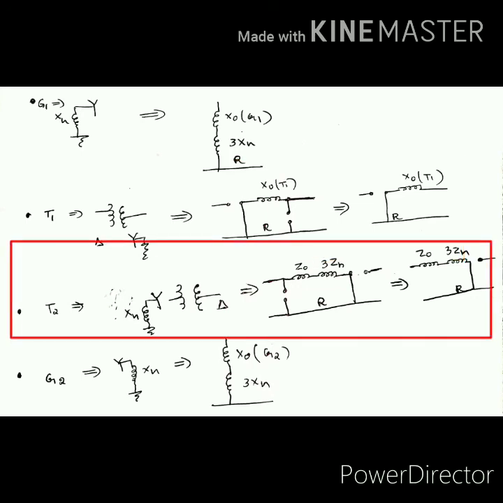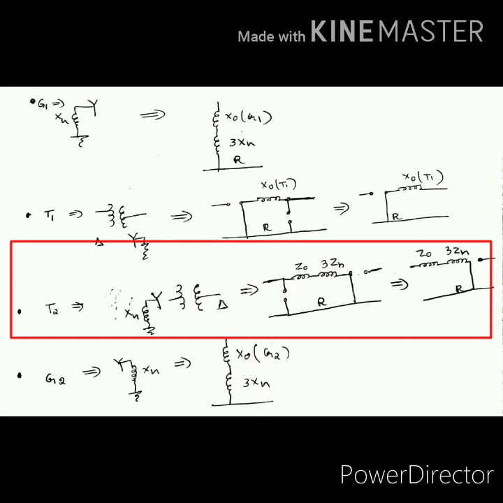Next is T2. Primary is star whose neutral is grounded through a reactance Xn. So series switch of that side is closed and shunt switch is open. And secondary is delta, so shunt switch is closed and series switch is open. I have represented it as Z0, you can represent it as X0 or Z0, not a problem.